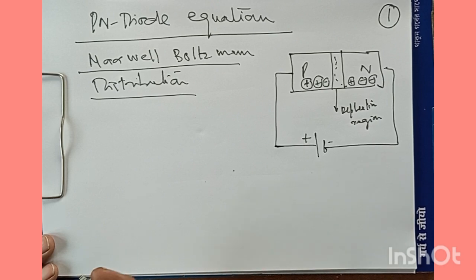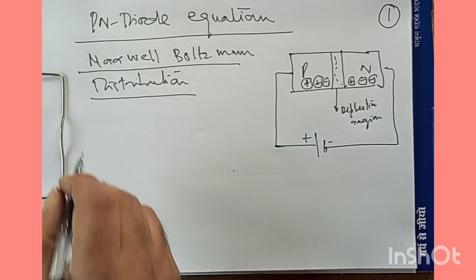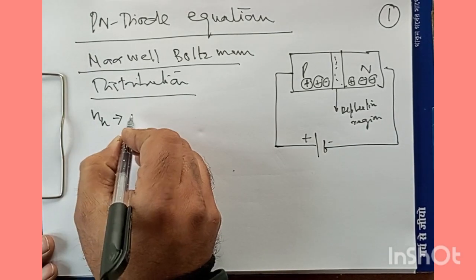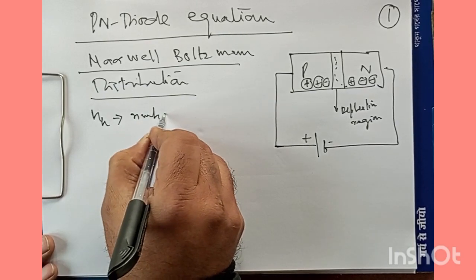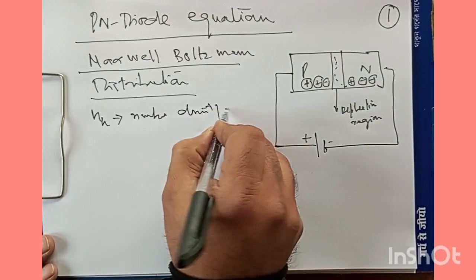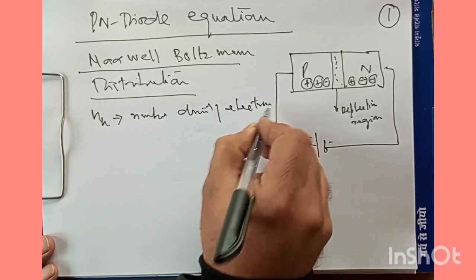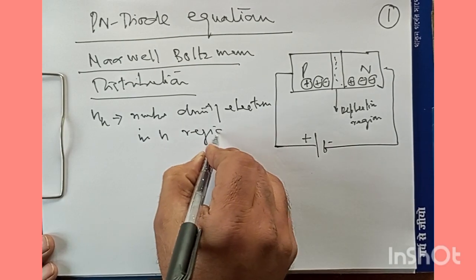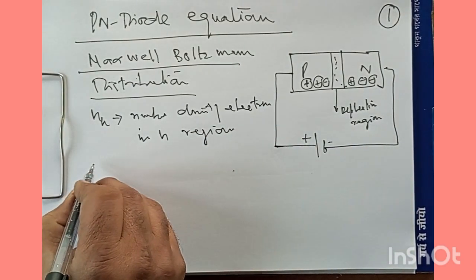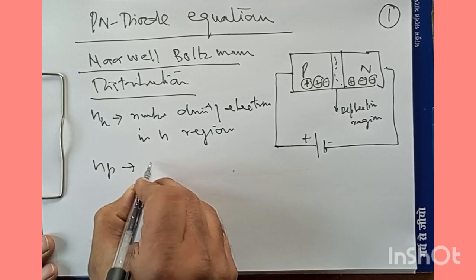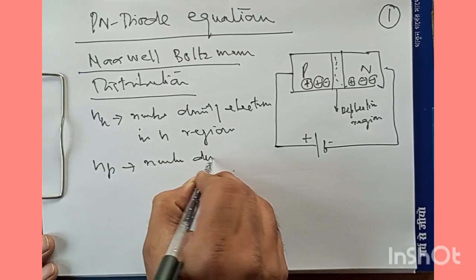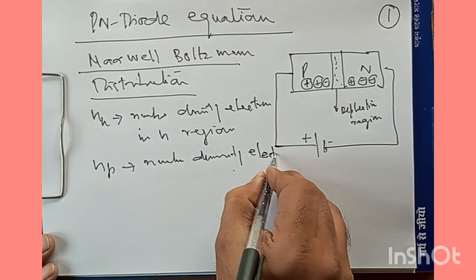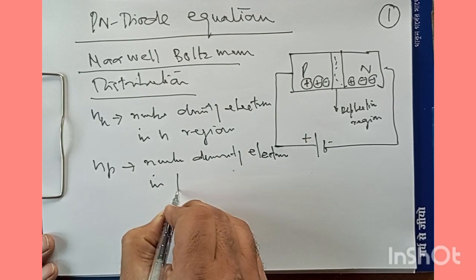We would like to symbolize certain things here. If I say n of n, this is the number density of electrons in the N region, and similarly n of p represents the number density of electrons in the P region.